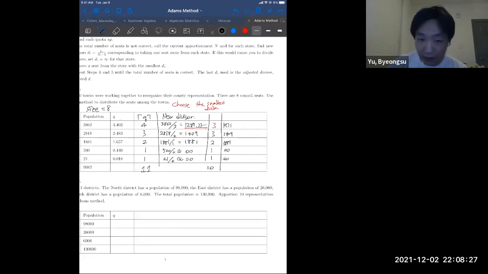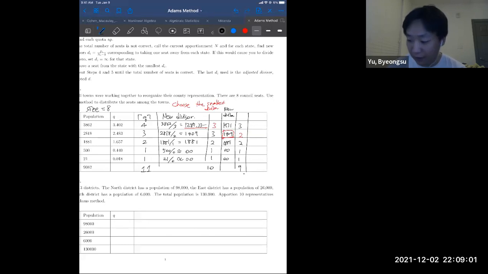From this, you can see that indeed town B has the smallest divisor. So here is the new apportionment: 3, now 2, 2, 1, 1, which is 9. Again, we still need to repeat this process until we get 8 as your total seats.